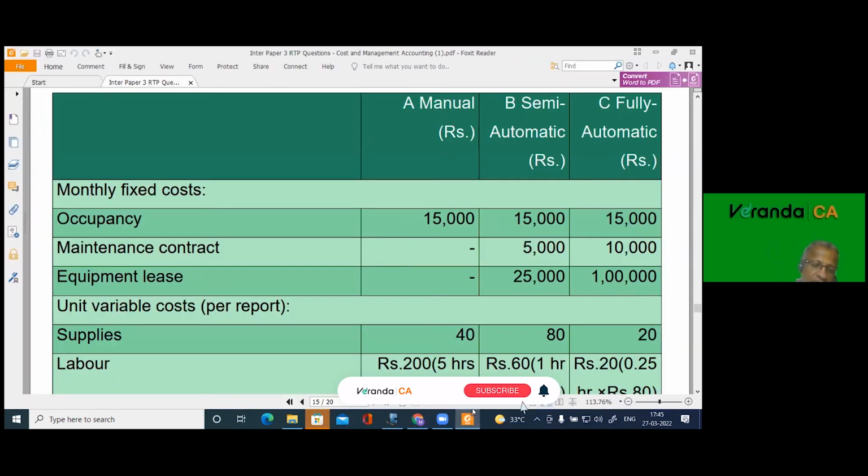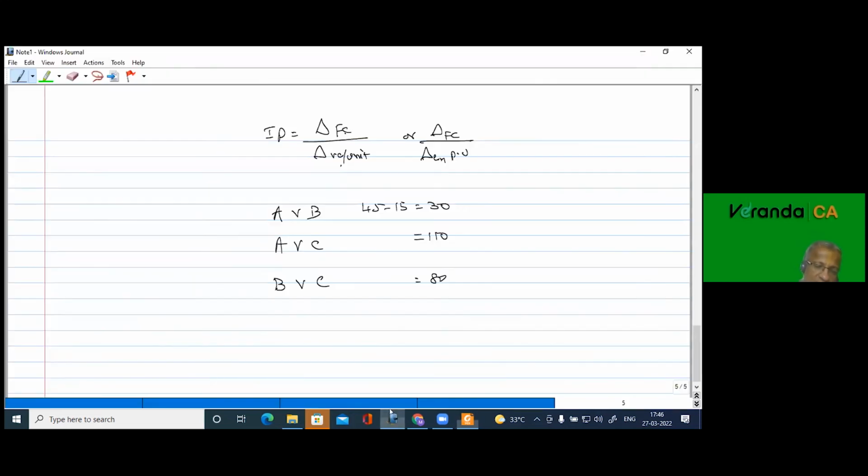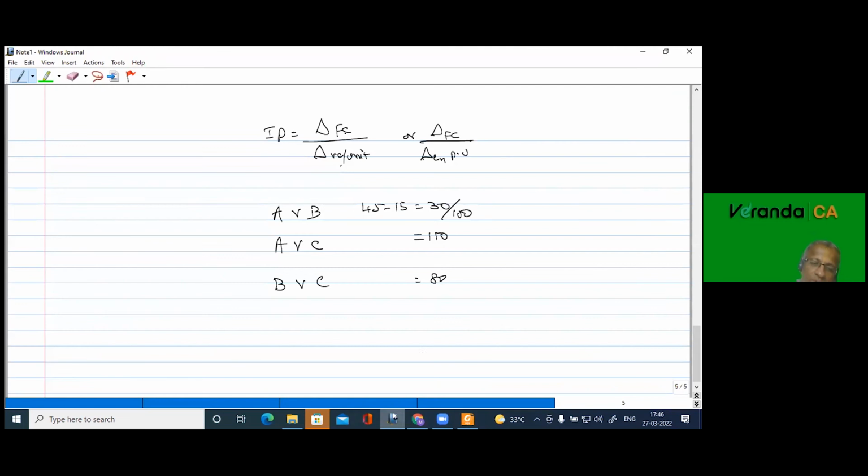Correct. And what is your variable cost? Variable cost in this case is 240, 140, and 40. So change in variable cost, 240 and 140, is 100. So 30,000 divided by 100, this is in terms of thousands. So the answer is 300.